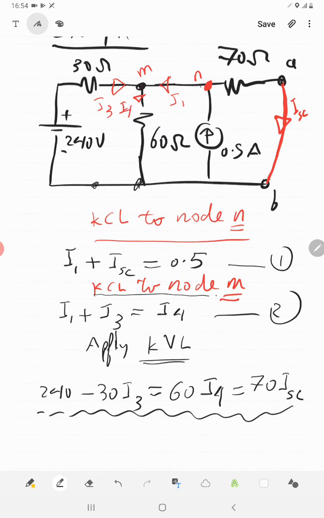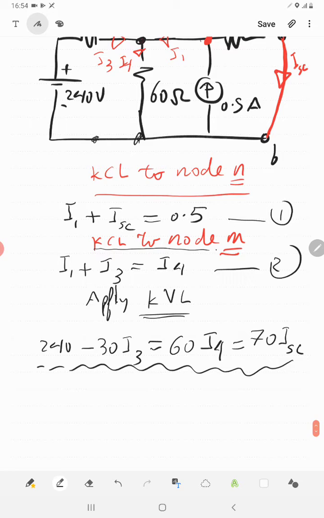Now how many equations do we have? 1, 2, 3 and 4. From all these equations we can simplify them and determine the short circuit current.